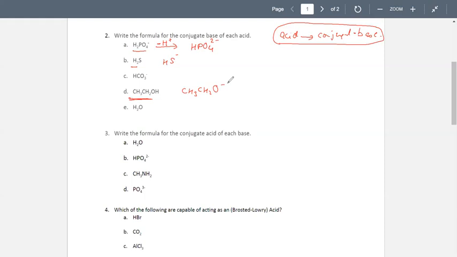Okay, now let's go to the one which is down here. Number 3, write the conjugate acid of each base. So conjugate acid means this is a base. So a base is going to take the proton, right?